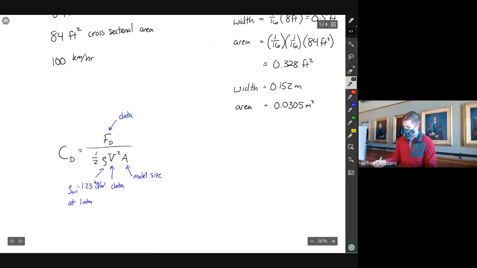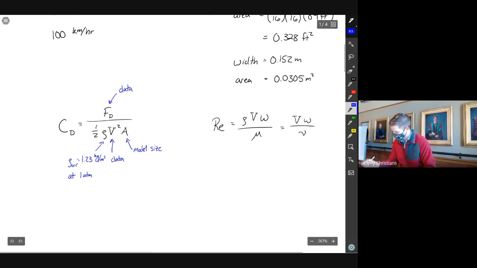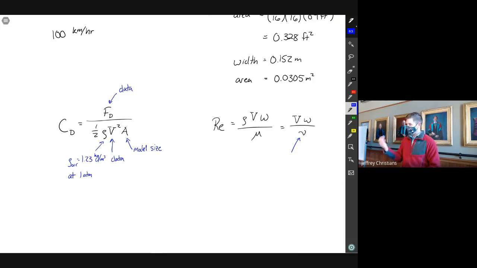The other thing that we care about is Reynolds number, which is rho v w over mu, or v w over the kinematic viscosity. So again, the kinematic viscosity is a property of the gas.